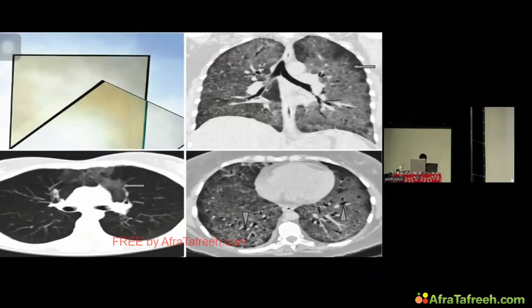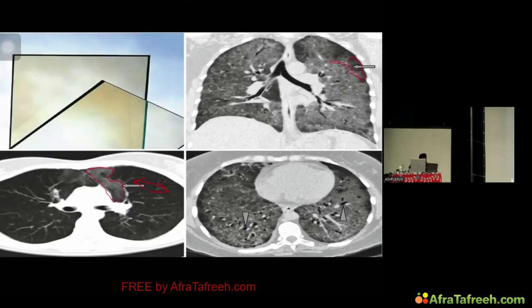The same thing: normally the lung will look like this, but in NSIP you get a tinted appearance like this. It seems to be there and not there. So that is called ground glass opacity. You can see here, this is ground glass opacity and this is a normal lung.